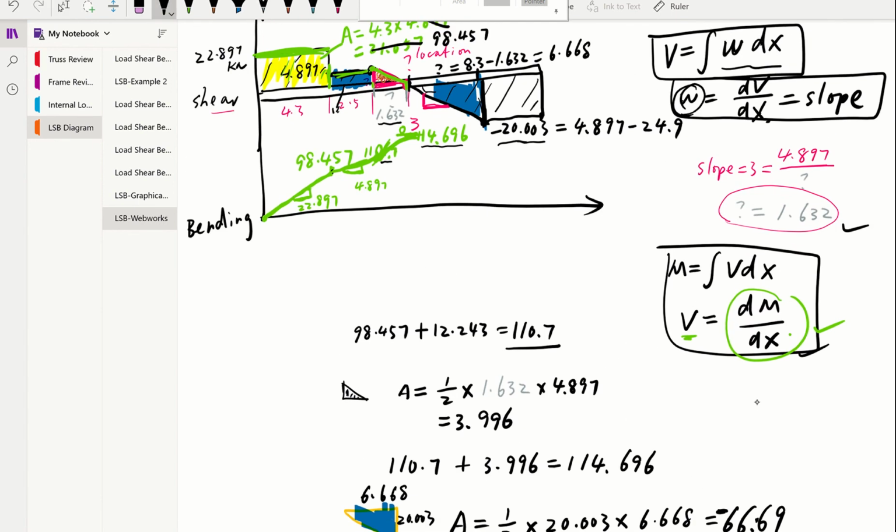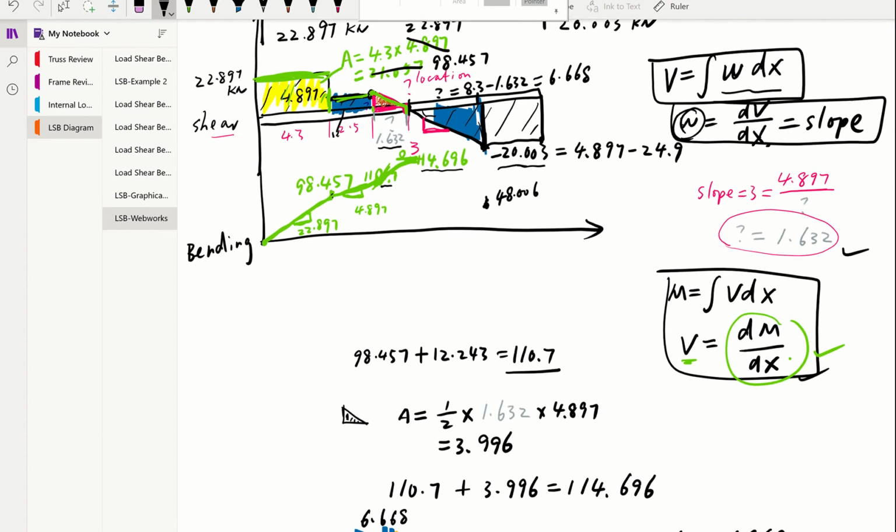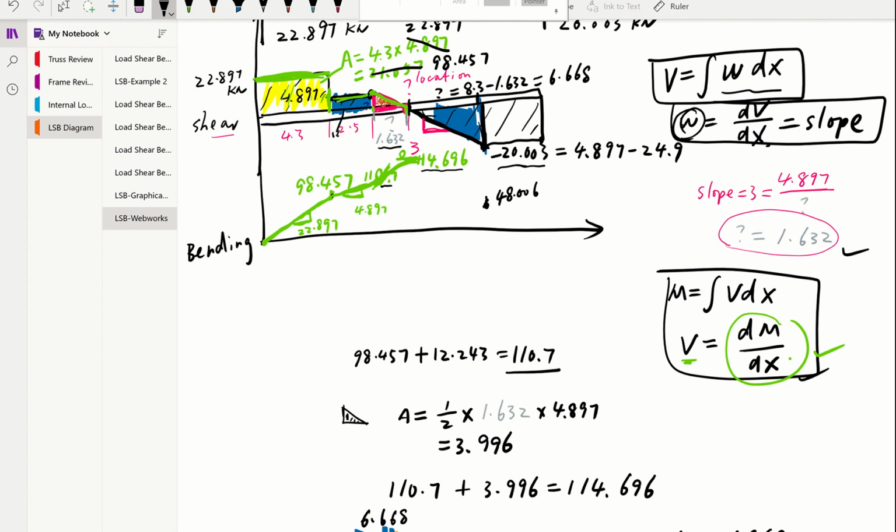So you start at this peak and you're going to get to this point about 48.006. All right, how do we connect these two dots? Again, this is what? A power of 1. When you integrate power of 1, we get power of 2, so you get a parabola. And the parabola likely is going to go this way.